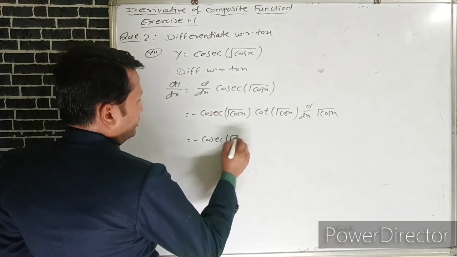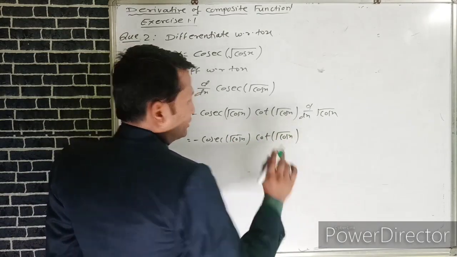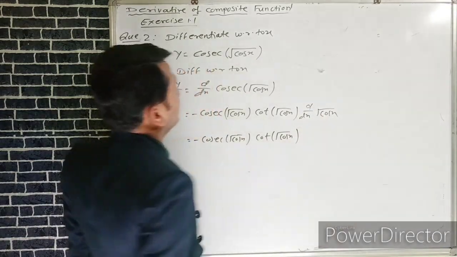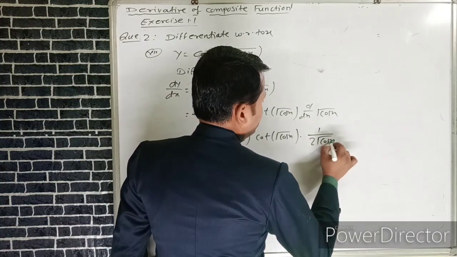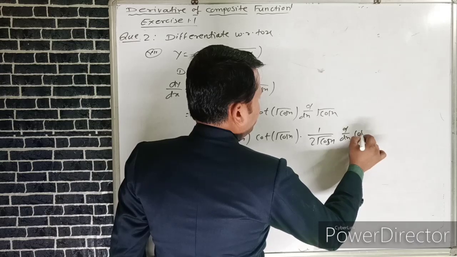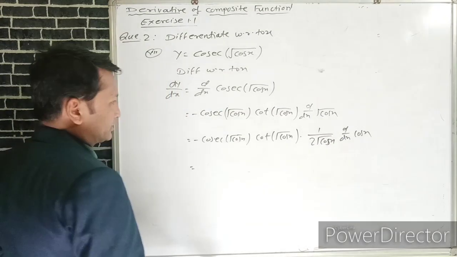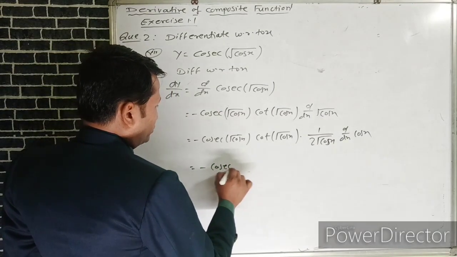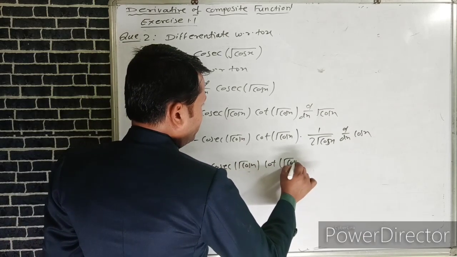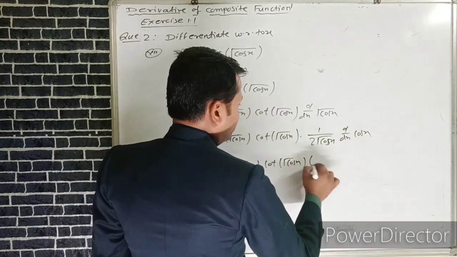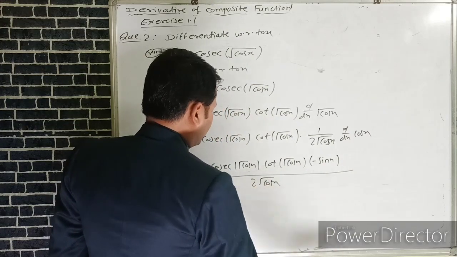Minus cosec of under root cos x into cot of under root cos x, and we know that the derivative of under root cos x is 1 upon 2 under root cos x into again a derivative of cos x. Hence, the derivative of cos x is minus sin x, then minus cosec of under root cos x into cot of under root cos x, and the derivative of cos x is minus sin x upon 2 under root of cos x.